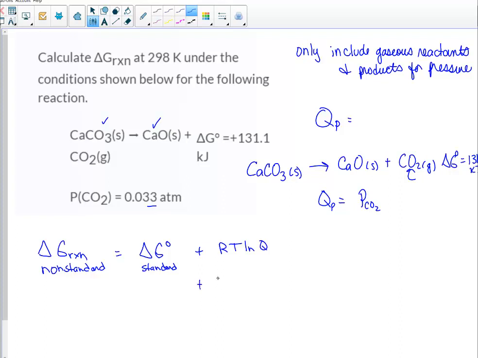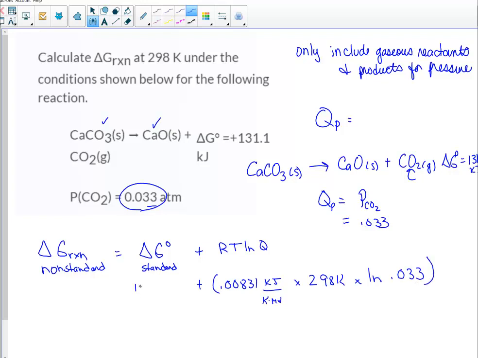So this becomes R, 0.00831, times 298 Kelvin times the natural log of 0.033 atmospheres. That's our reaction quotient. The standard state value was 131.1 kilojoules. Let's solve for delta G in the non-standard conditions.